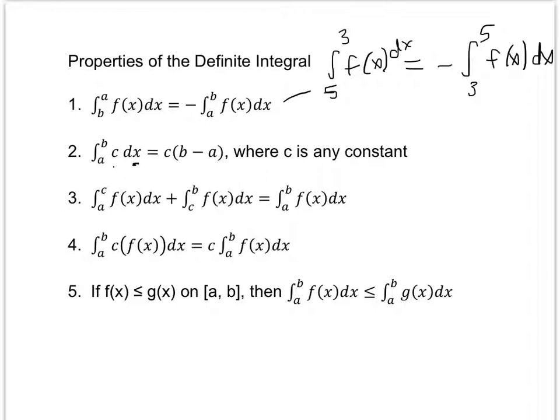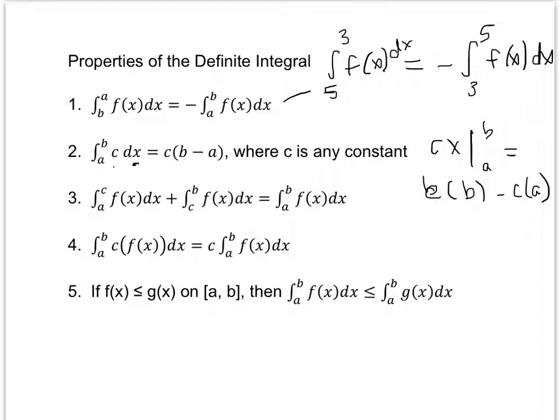So if I integrate C, it comes back to Cx, evaluated from A to B. That gives me C times B minus C times A, which is C times B minus A. I could do it algebraically, or I can just know this little rule. But don't just integrate C and get C. Remember that C is a coefficient, and X is my variable there, so when I integrate, I'm going to have something that involves X as part of my integral.